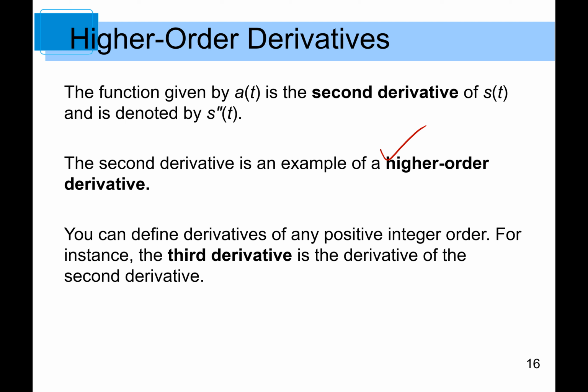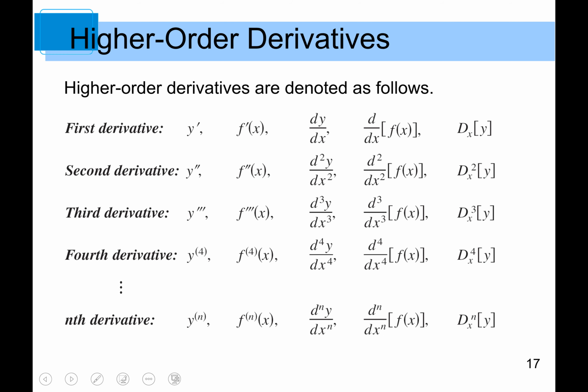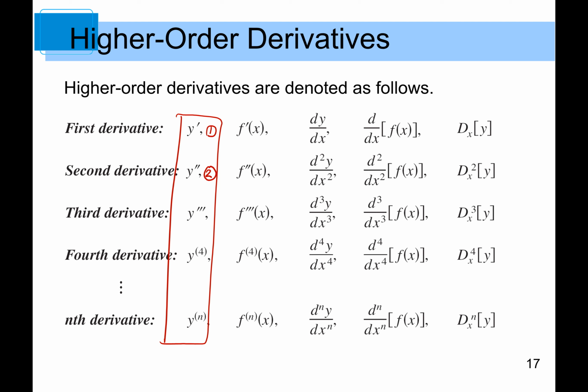You can define a derivative of any positive integer order. For instance, the third derivative is the derivative of the second derivative. So this is like a sequence. First you get y prime, first derivative; y double prime, second derivative; y triple prime, third derivative; y to the fourth, fourth derivative; y to the nth, nth derivative.